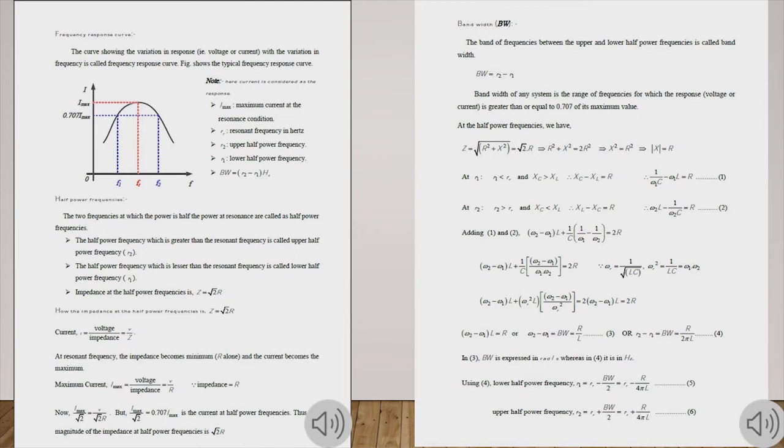Current I equals voltage by impedance, V by Z. At the resonant frequency, the impedance becomes minimum, R alone, and the current becomes the maximum. Maximum current Imax equals voltage by impedance, equal to V by R, because impedance equals R. Now Imax by root 2 equals V by root 2R.